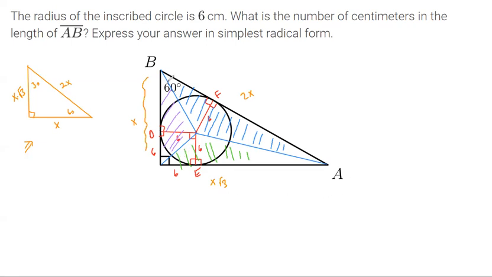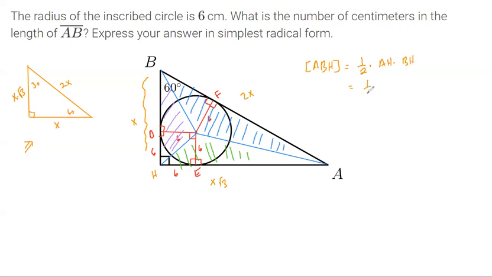So now I do have a right triangle. I can find the area of this larger triangle in two different ways. The first is to use leg times leg over 2. If I call this H, the area of ABH is equal to 1/2 times AH times BH.